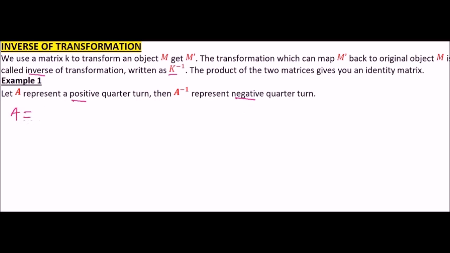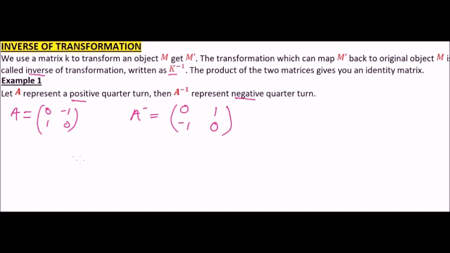A, which is a matrix representing a positive quarter turn, the matrix is 0, minus 1, 1, 0. The inverse matrix, that is a negative quarter turn, is represented by 0, 1, minus 1, 0.